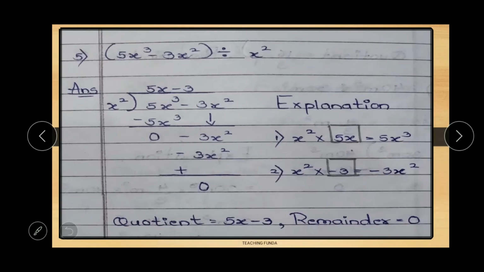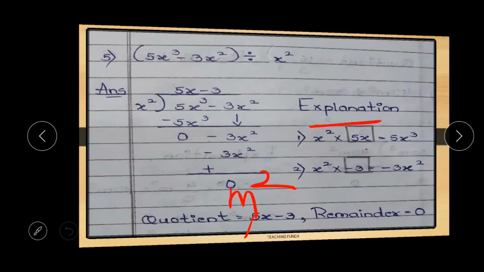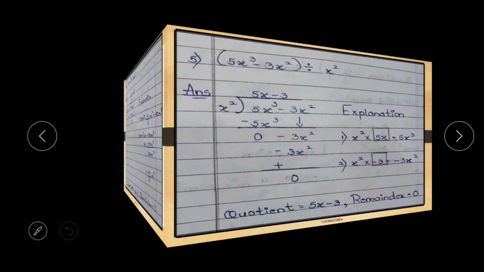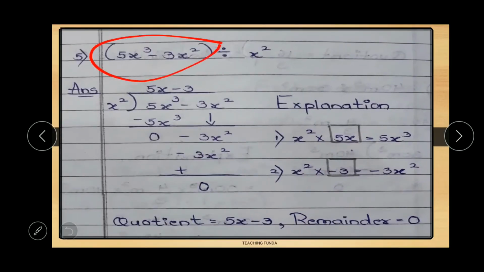Next thing, fifth one, 5x cube minus 3x square divided by x square. Now here in this sum, if you observe, in the earlier sums only one number divided by the other was given, but in this case two numbers divided by one number are given. So a little change is there in the sum.